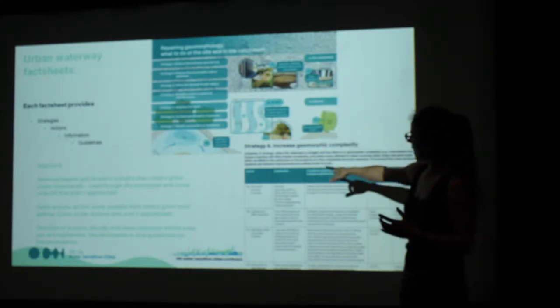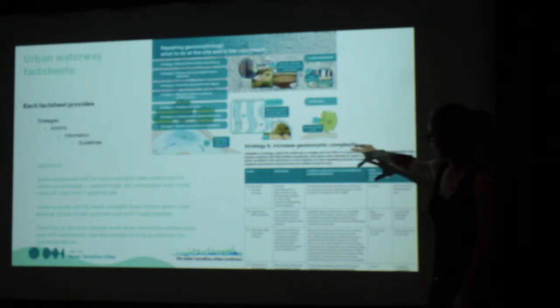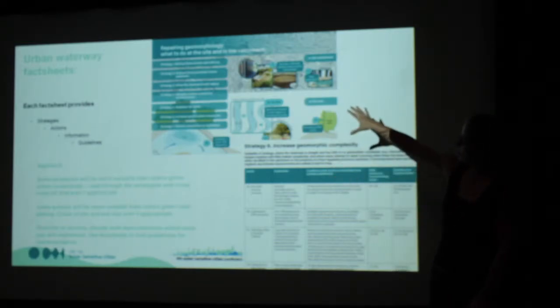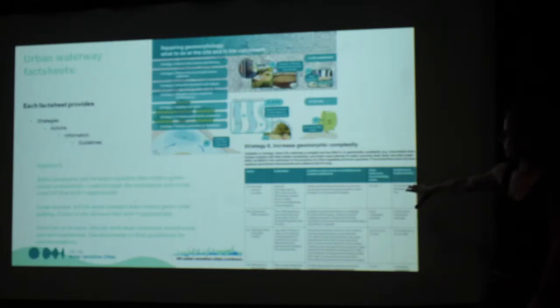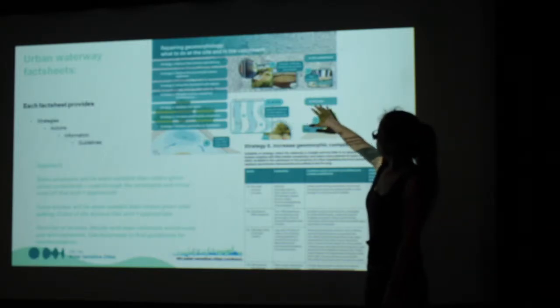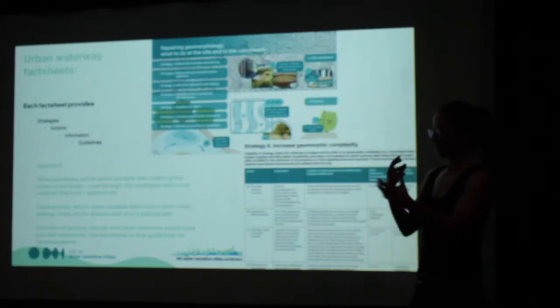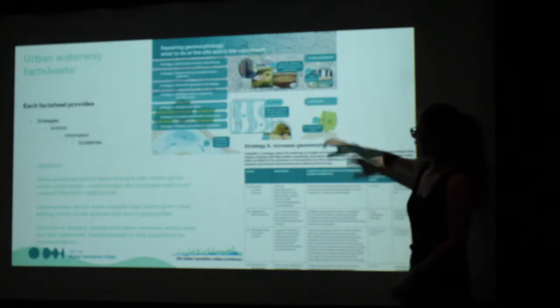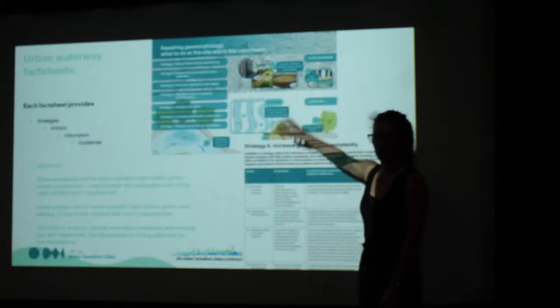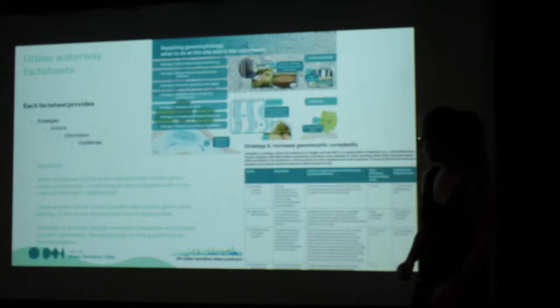You can look down for each different strategy and there'll be all these big tables that sit behind these diagrams. Note that the diagrams show some of the different actions you can do, so there are nice pictures to stimulate ideas, but I couldn't fit all of the different actions on these fact sheets, so there are a lot more actions listed in the tables.